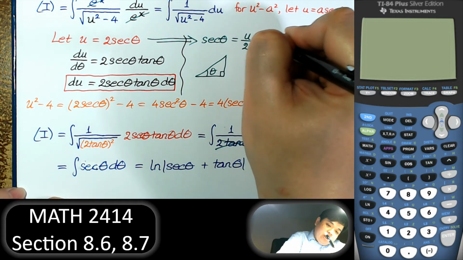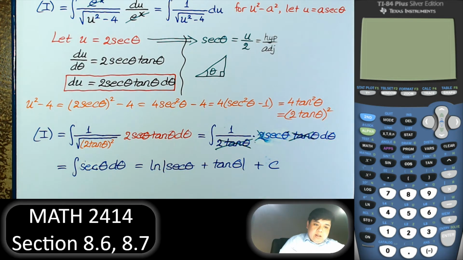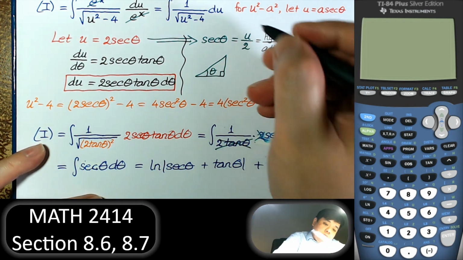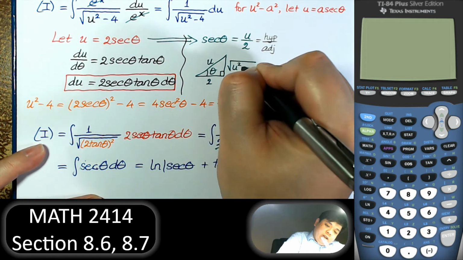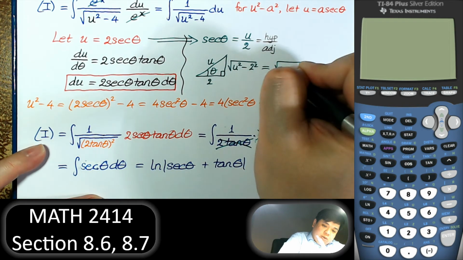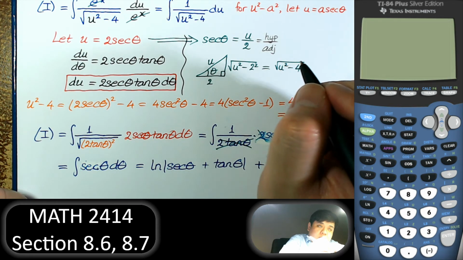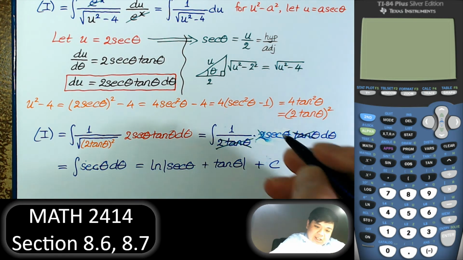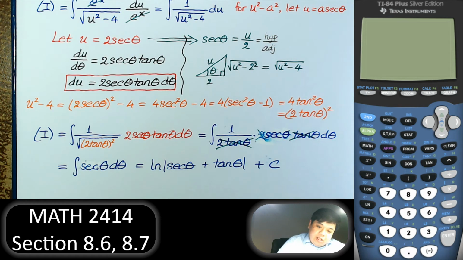So we have hypotenuse over adjacent. So hypotenuse is u, adjacent is 2. The opposite will be the square root of u squared minus 2 squared, or the square root of u squared minus 4. Right? Sorry about that. That is secant. The 2 cancel out.